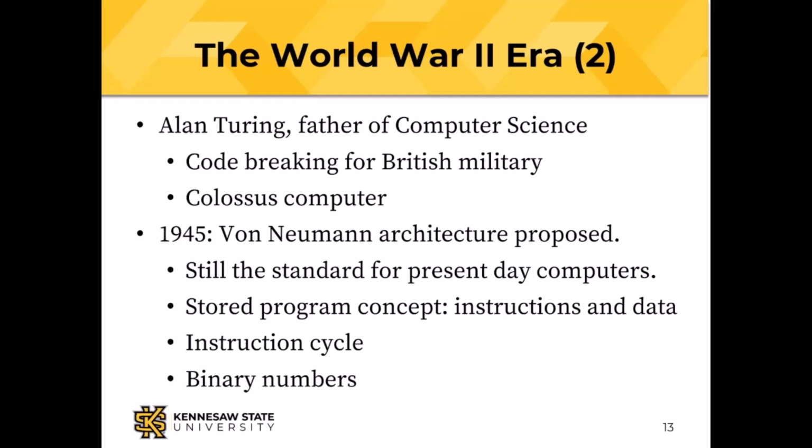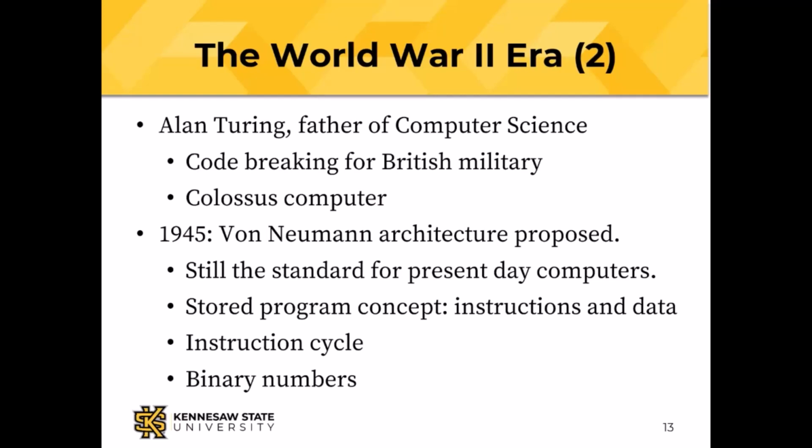And von Neumann also suggested the use of binary numbers, the zeros and ones. ENIAC was a decimal computer. Decimal, base 10 numbers go in, base 10 numbers come out. But, and we'll talk about this one in more detail a little bit later, it turns out that you needed 10 vacuum tubes, 0, 1, 2, 3, 4, 5, 6, 7, 8, 9, for each one decimal digit.